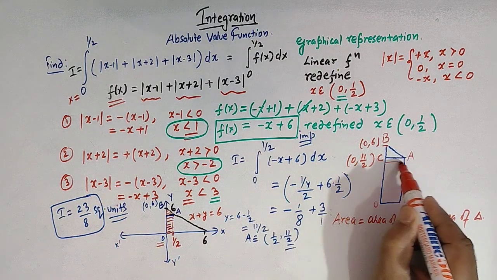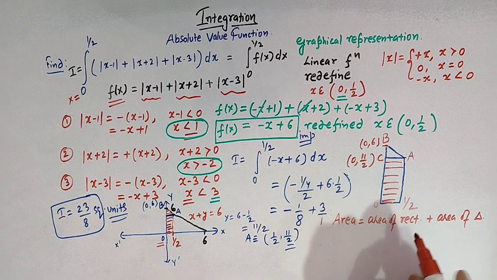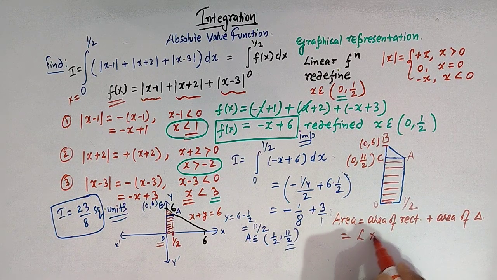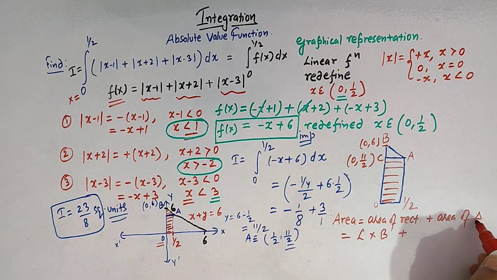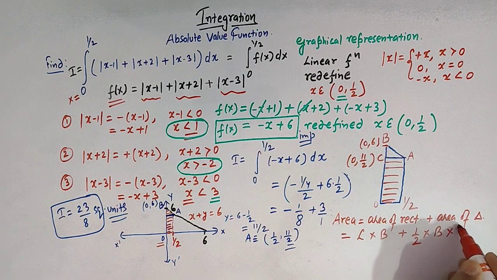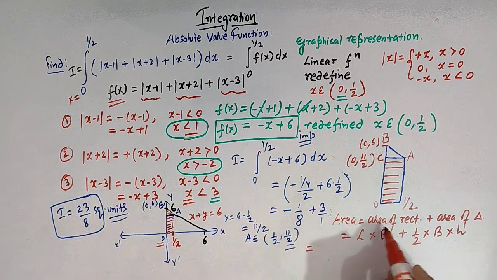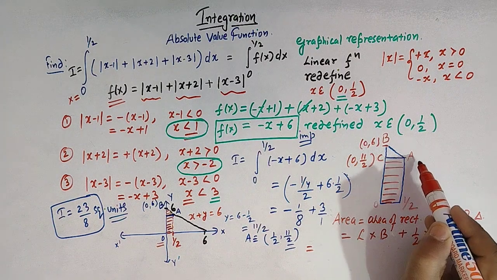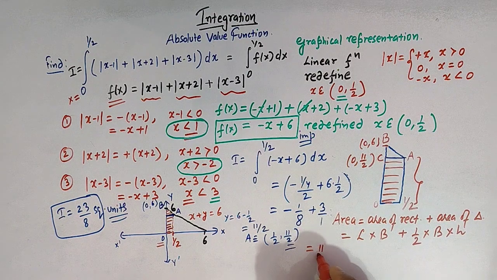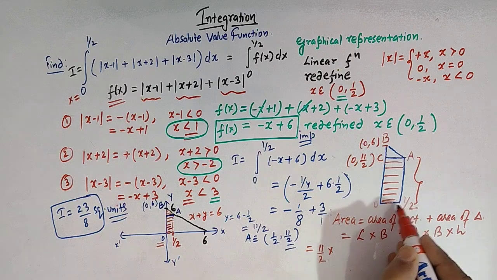So here we have this rectangle. So the area of this rectangle is length times breadth, and the area of the triangle is half base times height, right? So see, the area of the rectangle is equal to length times breadth, so the length is equal to 11 over 2, right? So here we have 11 over 2, and the breadth is half, right?